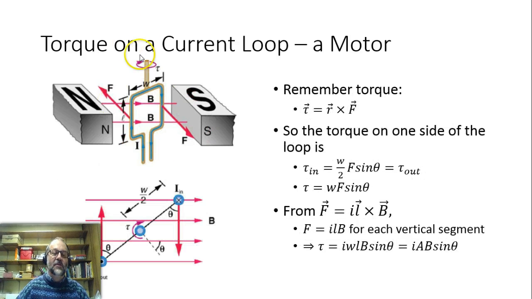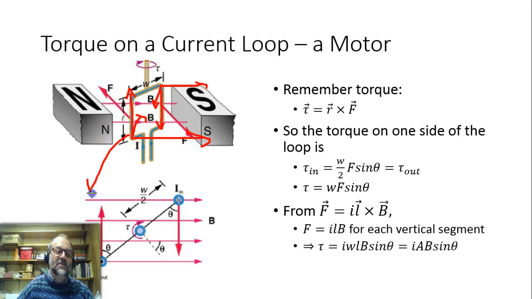If we consider the sides, we have a different story. On the sides, you have a current going this way, you have the B field going that way. Well, I cross B indicates that the force on this one is into the screen. And on this side, I cross B indicates the force on this one is out of the screen.